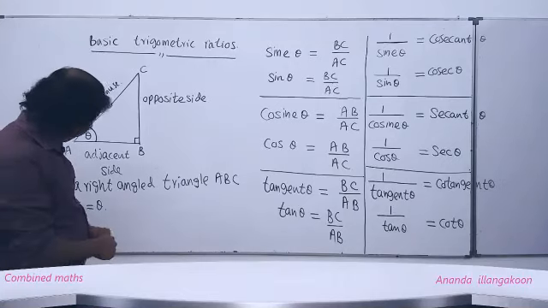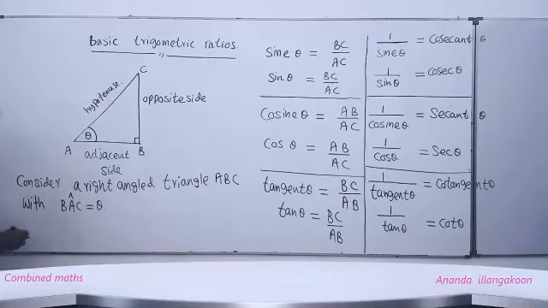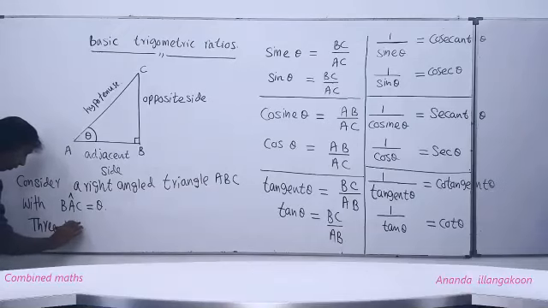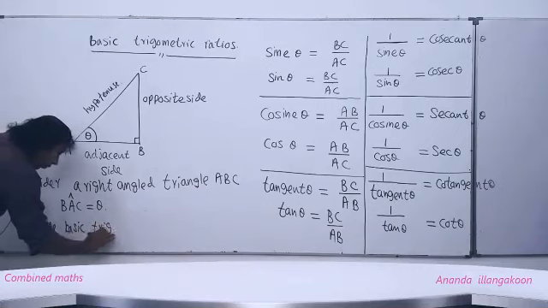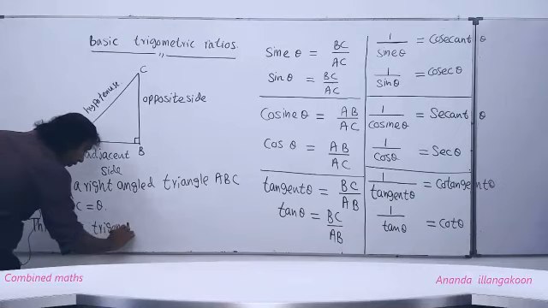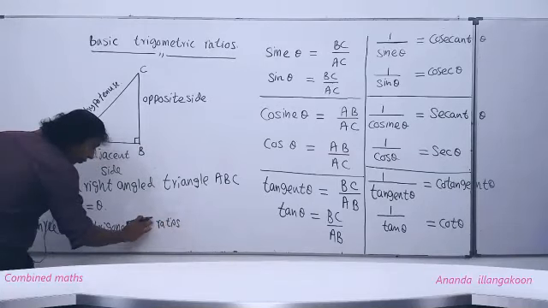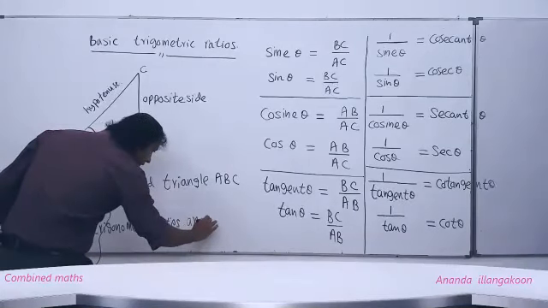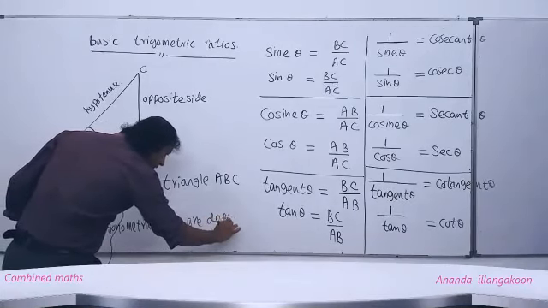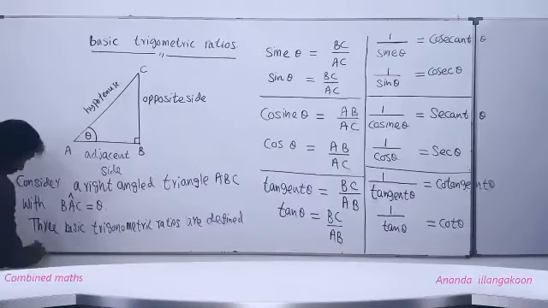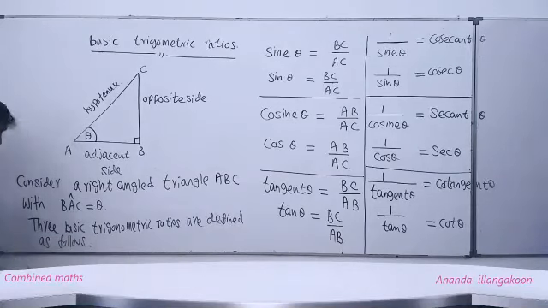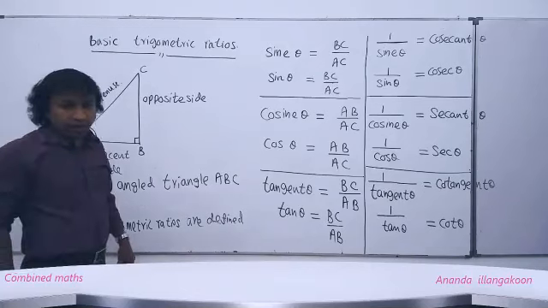Now write down another sentence. Write down: 3 basic trigonometric ratios are defined as follows.